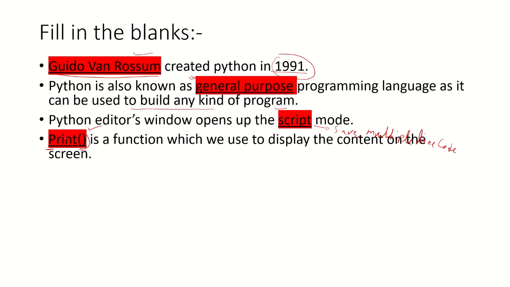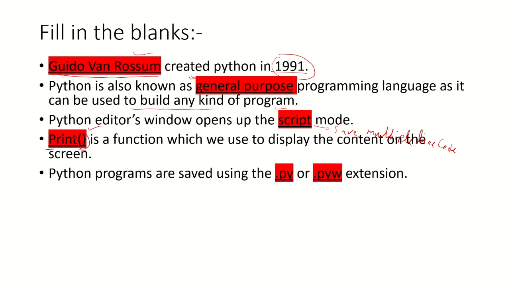Clear? Next one, Python programs are saved using the .py or .pyw extension. So these are the two. You can use any one, .py or .pyw extension. So what is this extension?